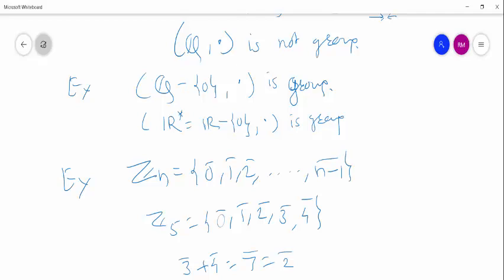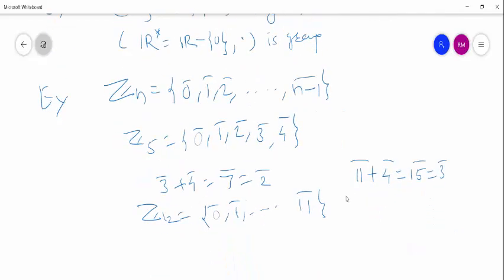Here we have 0 bar, 1 bar, up to 11 bar. So 11 bar plus 4 bar, that is 15 bar, means 3 bar. Suppose it is 11 o'clock in the morning. After 4 hours we come to the conclusion that it is 3 o'clock, because we are using the Z12 group. So this is Zn, and it is also a group under addition.